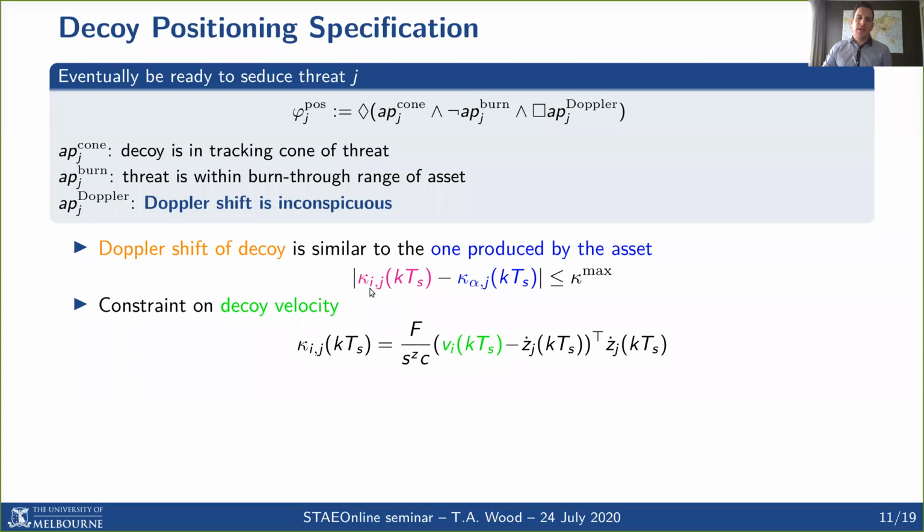So in essence, the Doppler shift condition corresponds to a constraint on the velocity. From this, we construct a polyhedral bound on our state space, which is position and velocity. So we get another 2 half space constraints from this proposition.